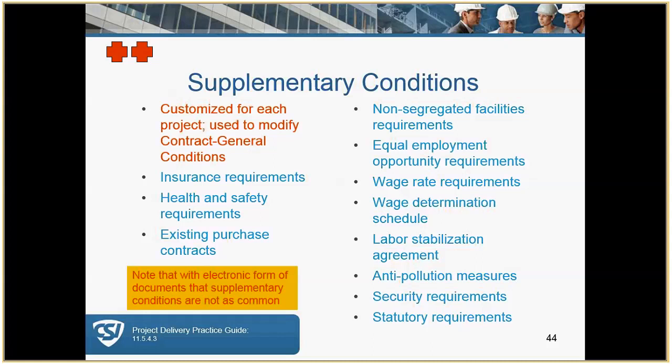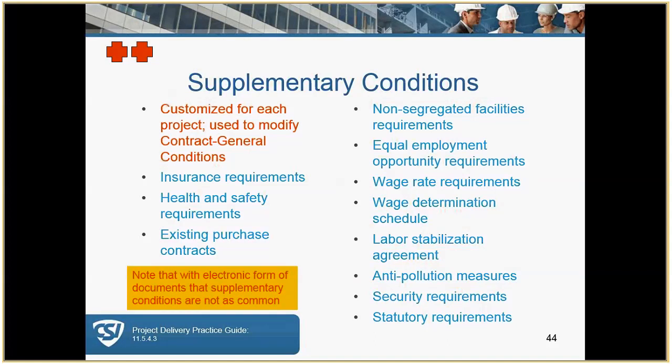Some people say, well, you don't really need to use it because you can modify the A201 document electronically. If you do that, make sure you highlight all those edits so that the bidders realize that no, it's not exactly like the A201 that I bid on my previous project. It does have differences.